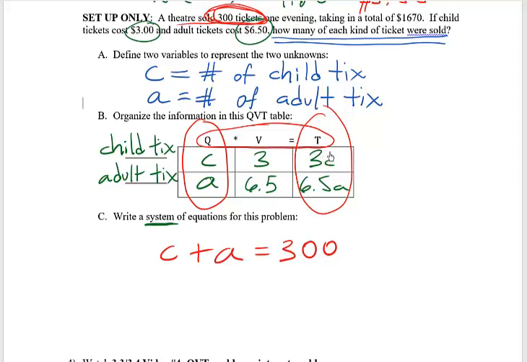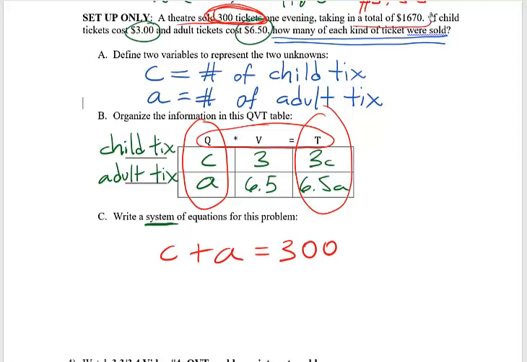Okay, then I'm going to write a second equation. The second equation is the one that's going to have to do with total value. What does this 3C represent? It represents the total money that came in from the child tickets. They sold C tickets. They cost $3 a piece. So 3 times C is all the money that came in for the kids. 6.5A is all the money that came in for the adults. But didn't they give me a total? Yes.